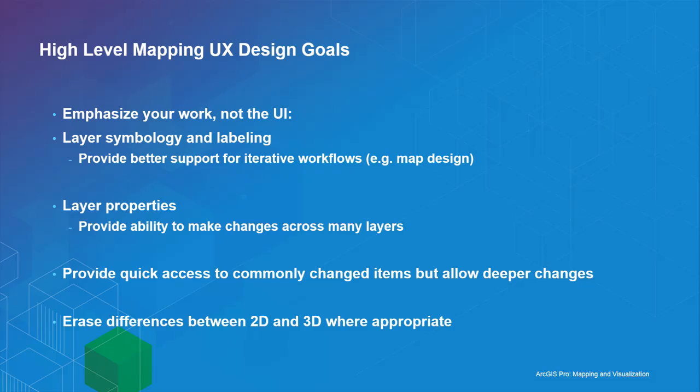I mentioned this already. We have better support for iterative workflows. So we can apply things iteratively, like symbol changes, for example. So if you did a lot of symbol work in ArcMap, you may have hit that frustrating moment where you have gone through, I don't know how many boxes, and then you have to click OK all the way back to see what kind of symbol you just made, and then you decide you don't like it.